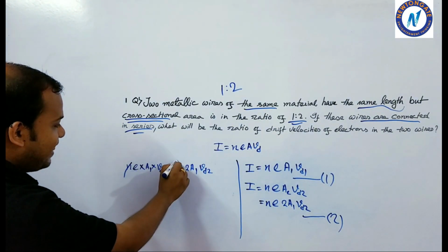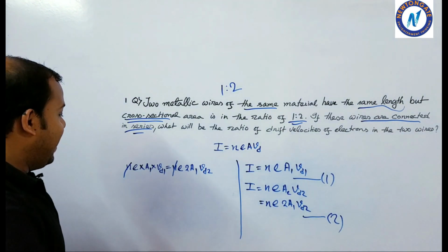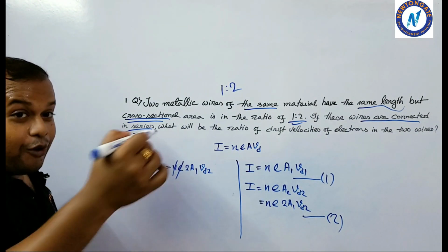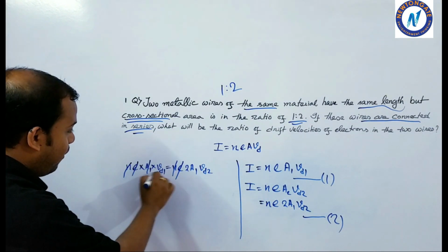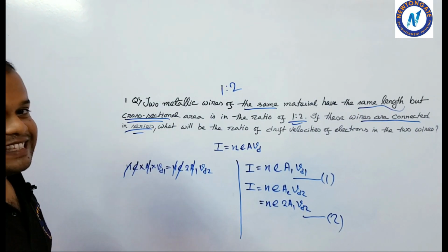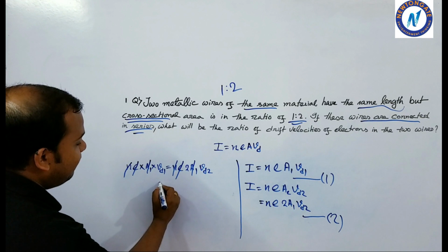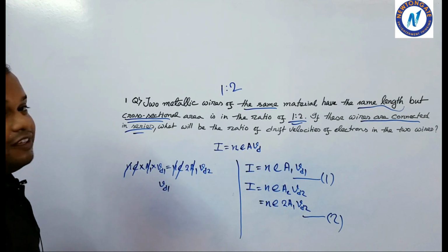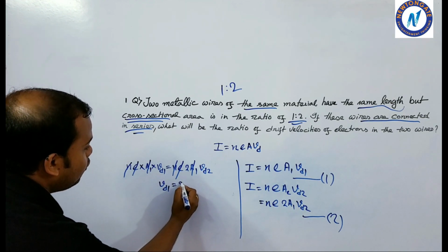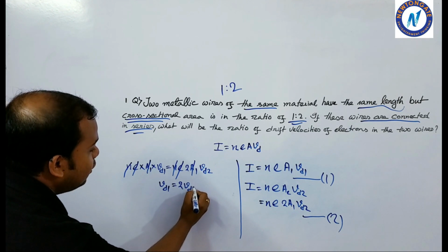Now this N and this N cancel each other, this E and this E also cancel, and this A1 and this A1 also cancel. Hence we are left with VD1 equals twice of VD2.